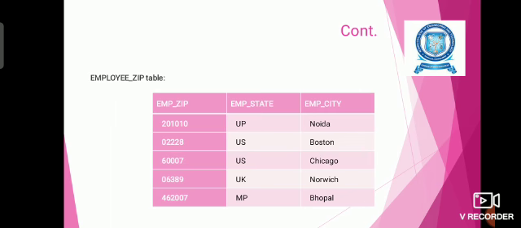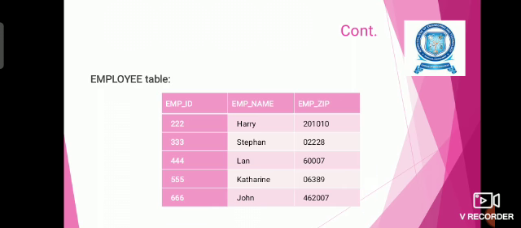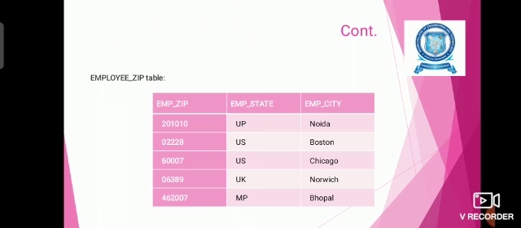The second table may be called the employee zip table. In the employee zip table, we can place the attributes employee zip code, employee state and employee city. Now we can avoid the problem with third normalization. Now these decomposed tables have satisfied the third normal form.